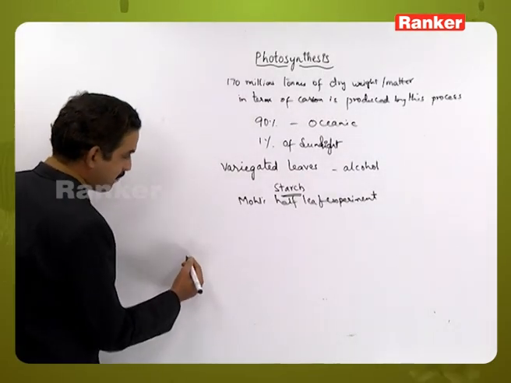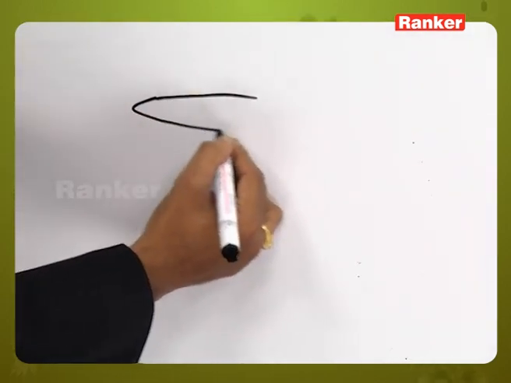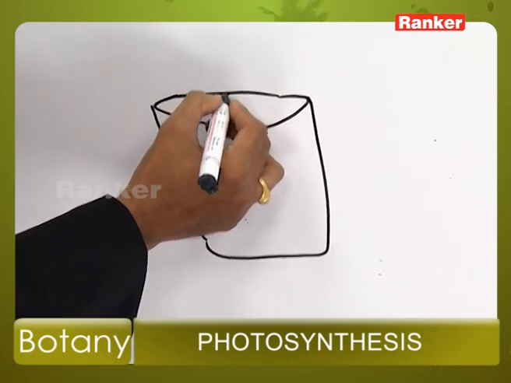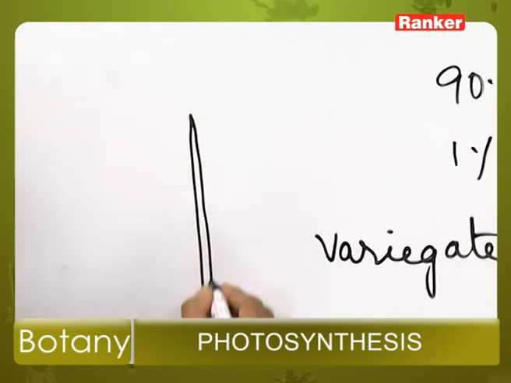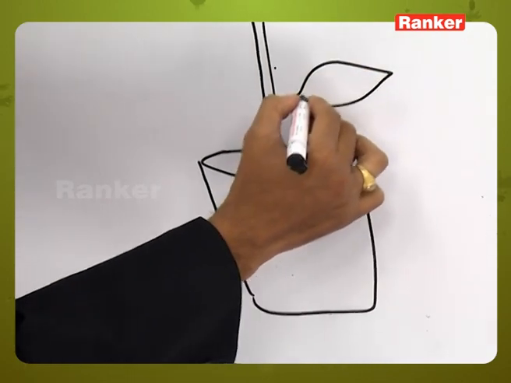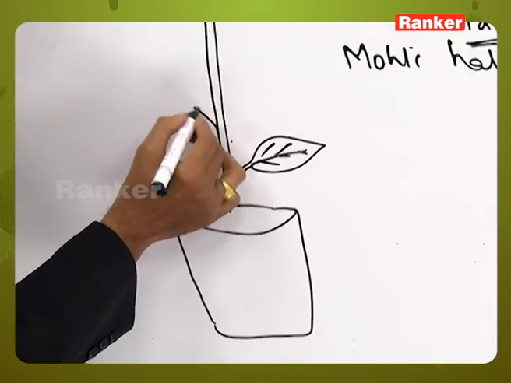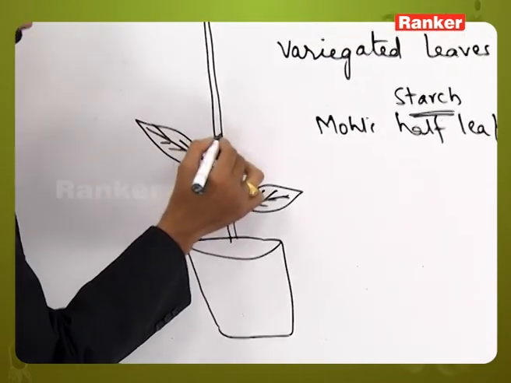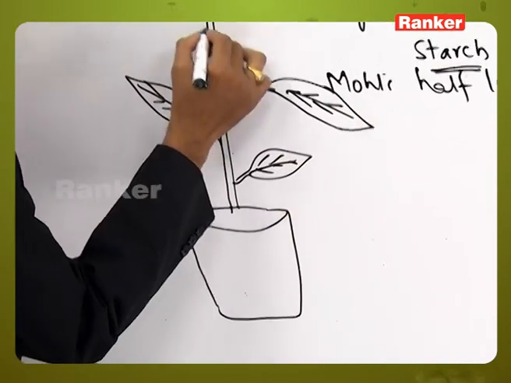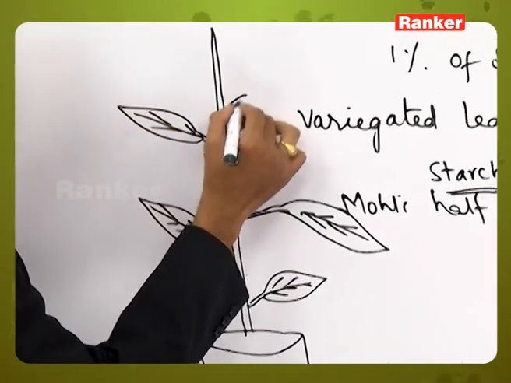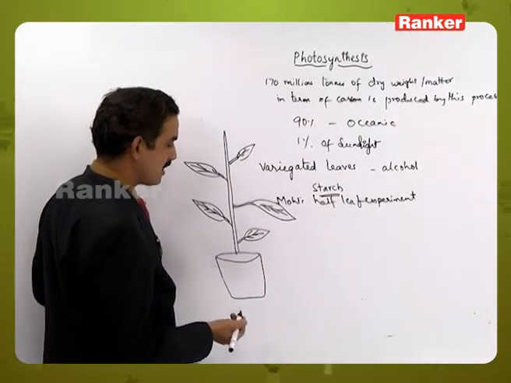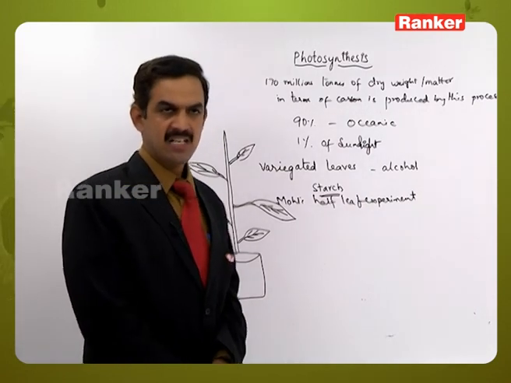They took a potted plant, and one of the leaves had to be a destarched leaf.